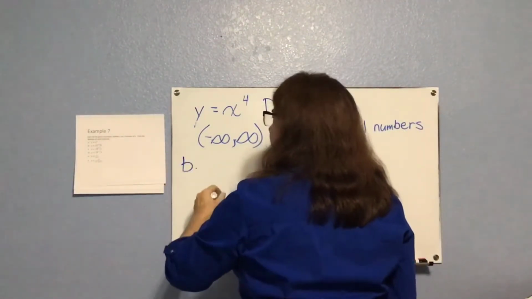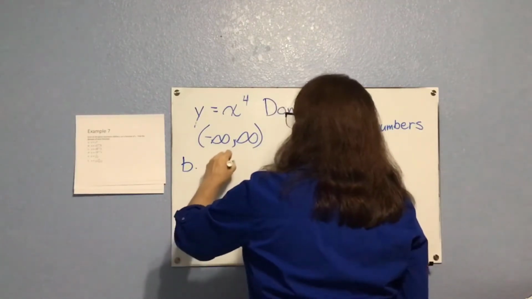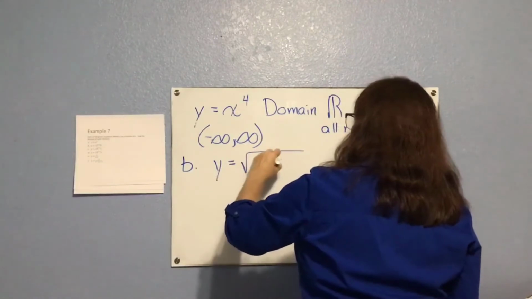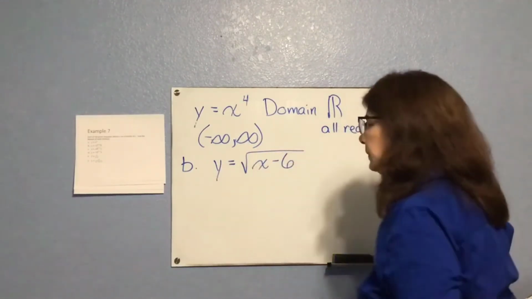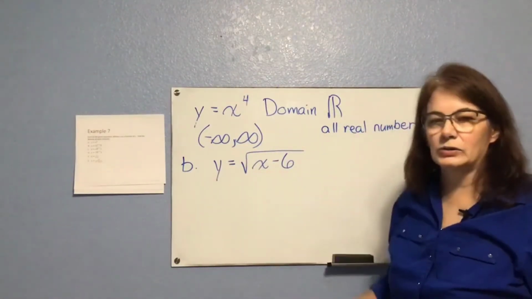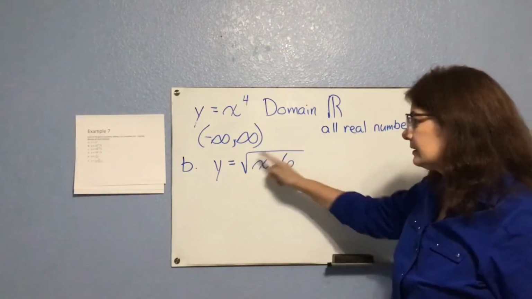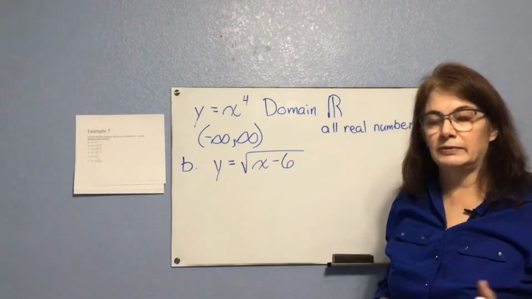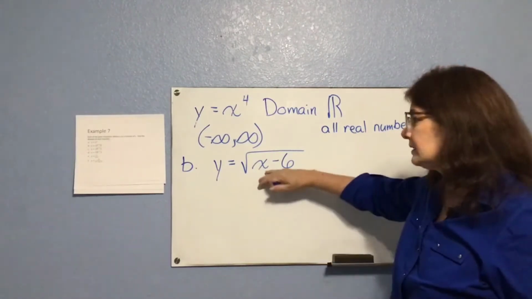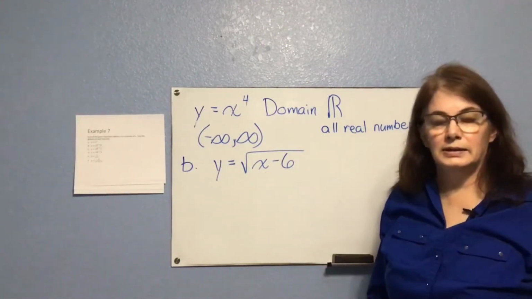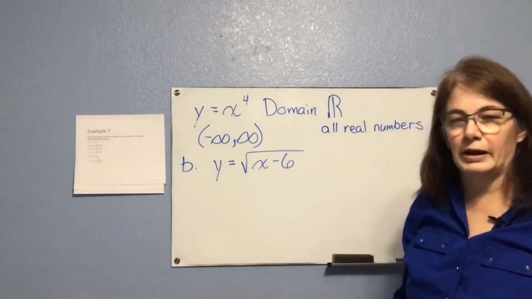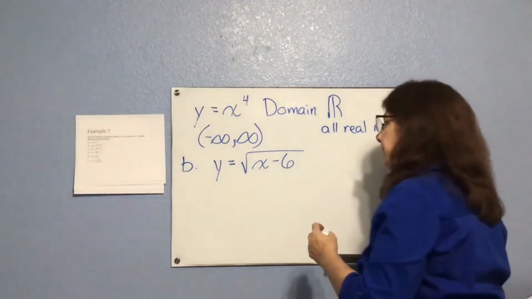Okay. Here's another equation. We know when we have a square root equation that the stuff inside the square root has got to be either positive or 0. If this is negative, then we end up with imaginary numbers, which is not part of a function.